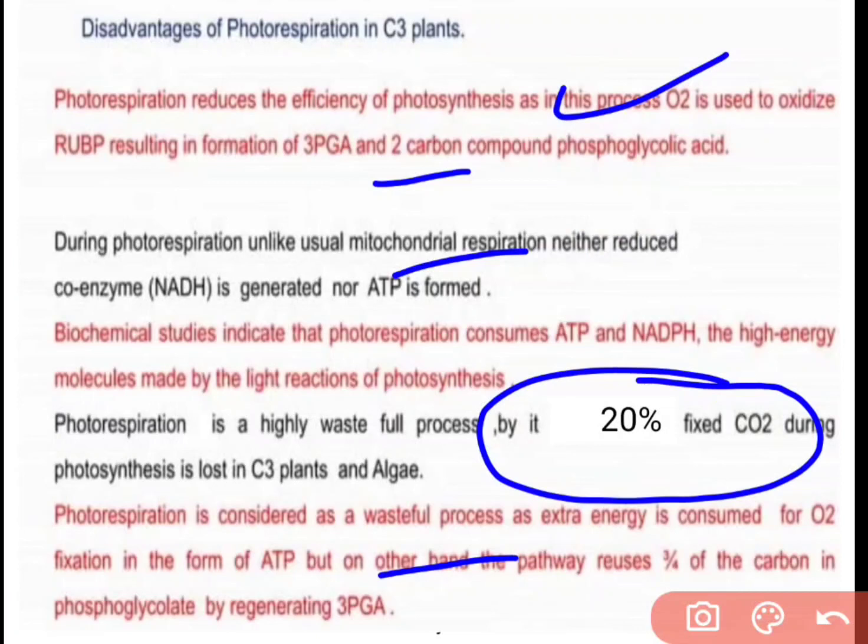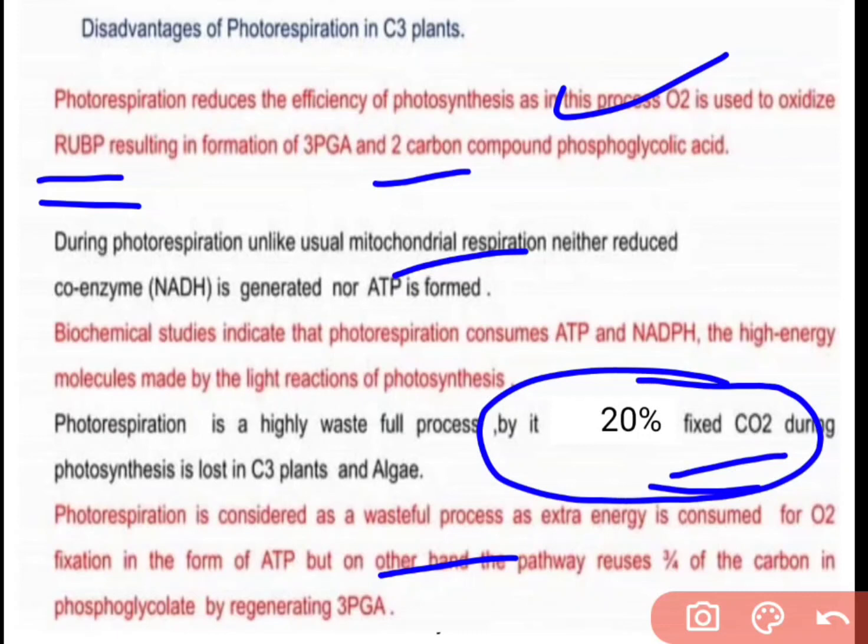A carbon dioxide molecule is lost. Since the cycle starts from a 5-carbon sugar RuBP, and in the mitochondria we are losing one carbon dioxide molecule, that means 20% of the carbon dioxide is being lost. So we are losing carbon dioxide from the already fixed carbon dioxide.